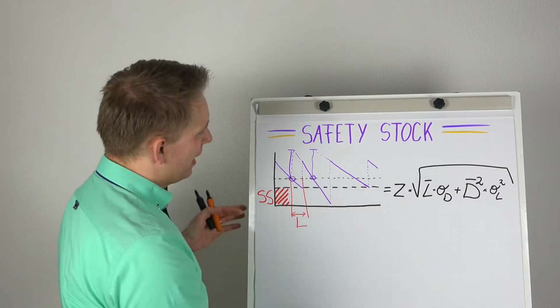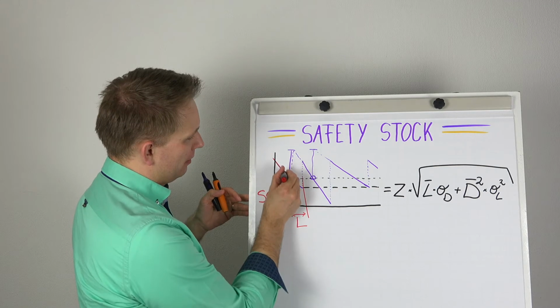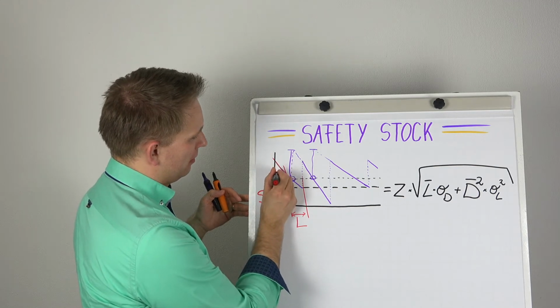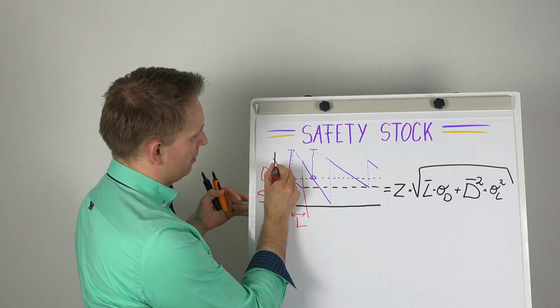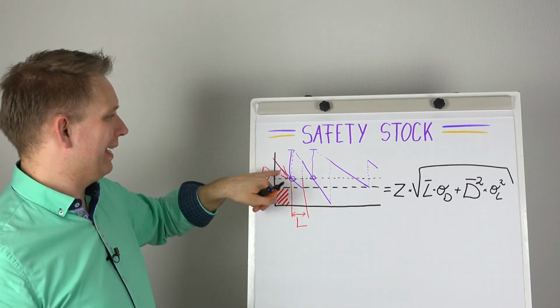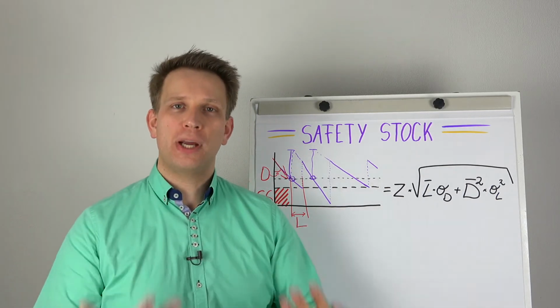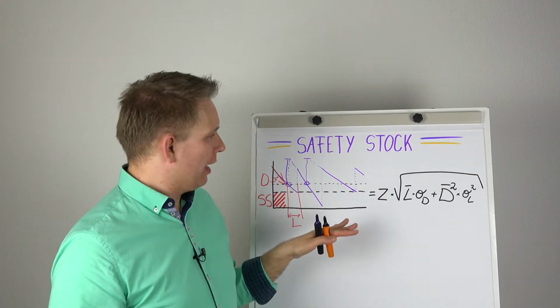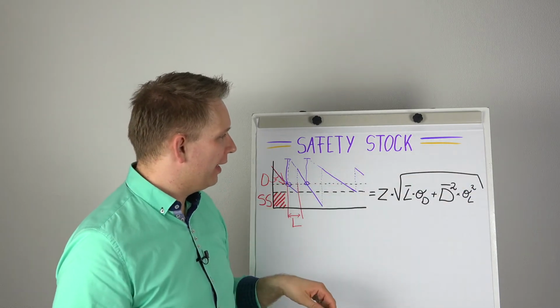The D is this angle, so this demand angle. The D is that speed of your demand, so the speed of consumption of your items. We'll continue a bit within this huge square root here.